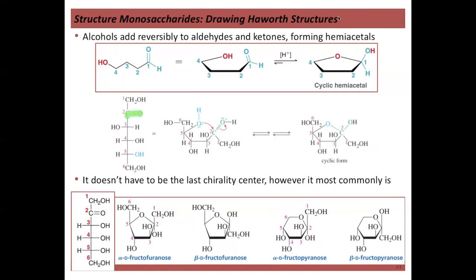So this carbon in green, this is a ketohexose, specifically a D ketohexose. And notice that we don't have the aldehyde. We've actually moved the carbonyl 1 carbon in. So if we use that stereocenter to close up, our ring is going to be 1 less. It will now be a 5-membered ring, which again is referred to as a furanose.